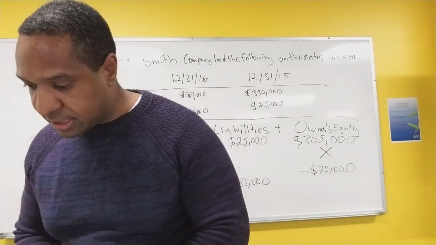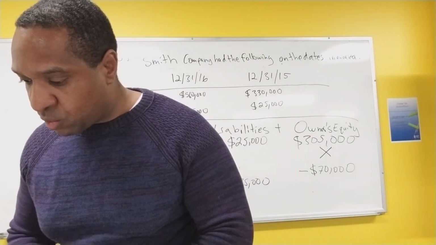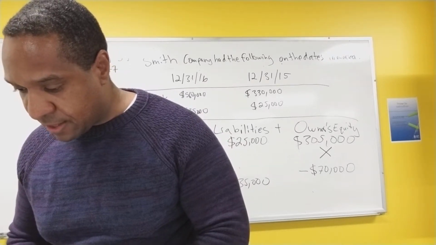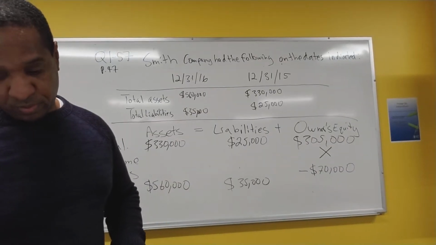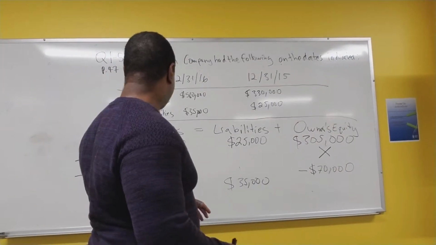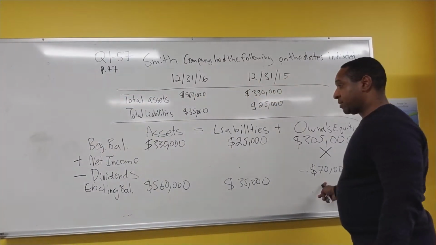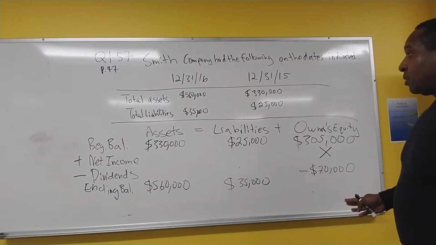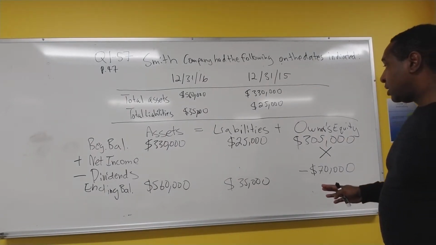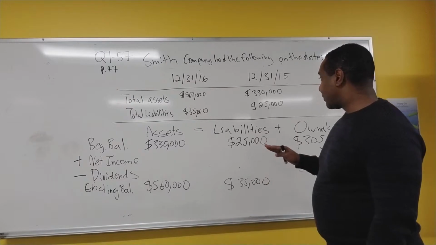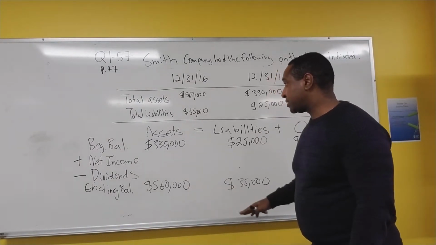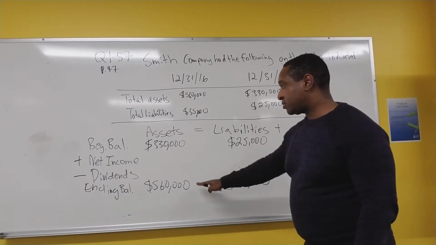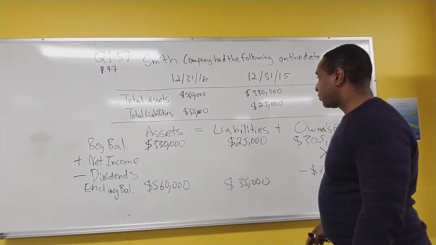Now the next thing we're going to do: we know that this is the ending balance. We've got to figure out, number one, what this owner's equity number is. We know that our owner's equity is what's left over after we subtract our liabilities from the assets, right?